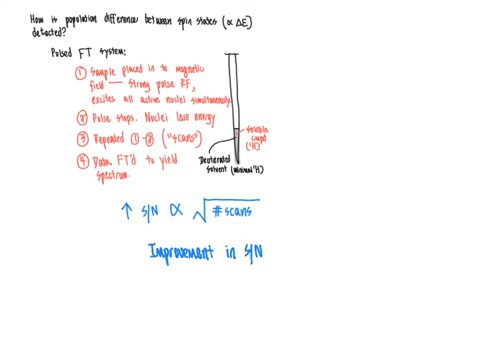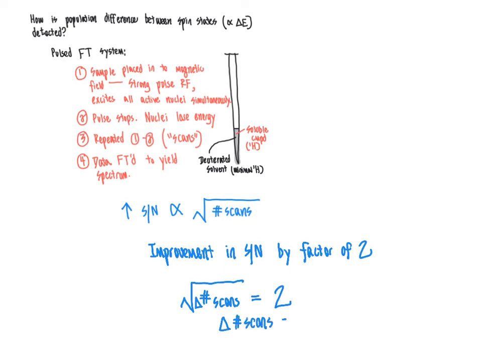If you want to improve the signal-to-noise ratio by a factor of 2, then you need to think about what your change in number of scans is that would equal 2. And so the factor that you would have to change your number of scans by is a factor of 4 because the square root of 4 equals 2.